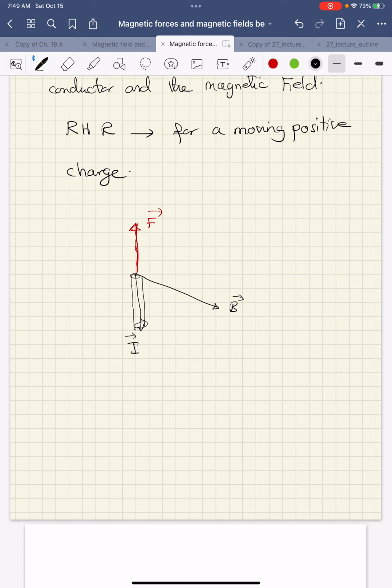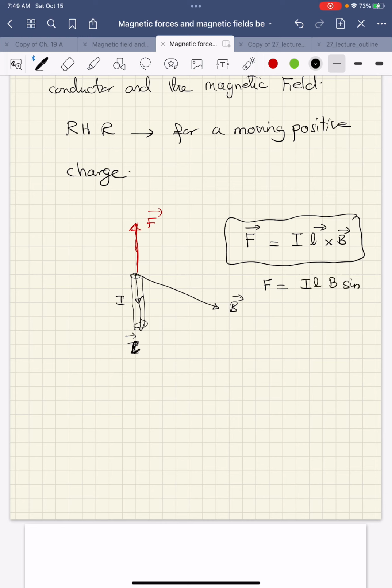Actually, the more general definition is that the force is I, the current, L cross B. Sorry, this is L and that is I. And remember, for any cross product, for the magnitude, F is ILB sine theta. And for direction, the right hand rule.